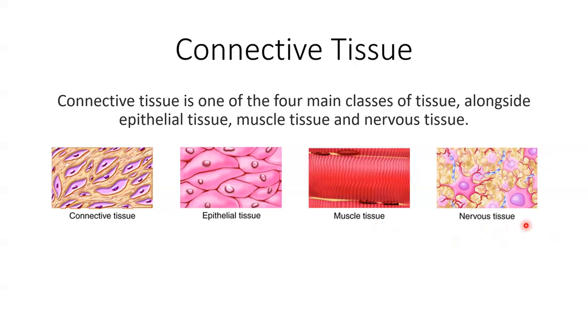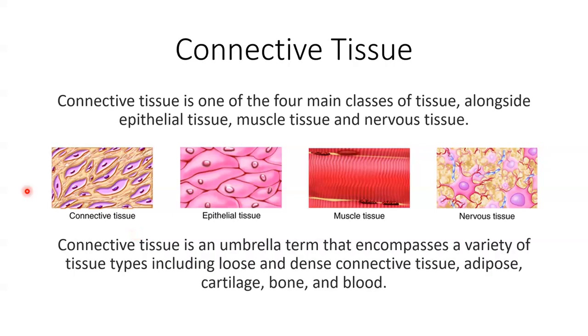The nervous tissue makes up the body's electrical system, and what conducts those electrical signals or those electrical messages from our brain to our various organs and vice versa. Our connective tissue, as the name somewhat suggests, helps hold the body together. It connects our tissues and our organs.